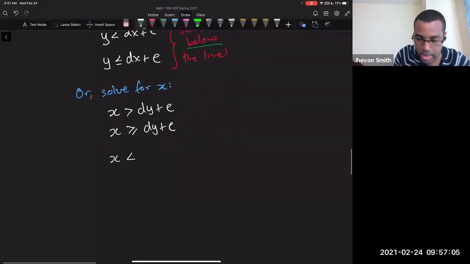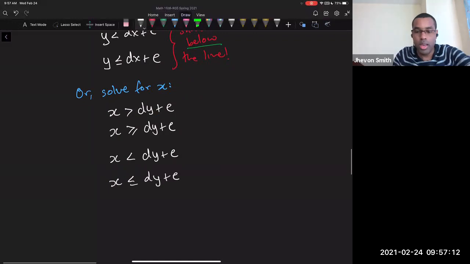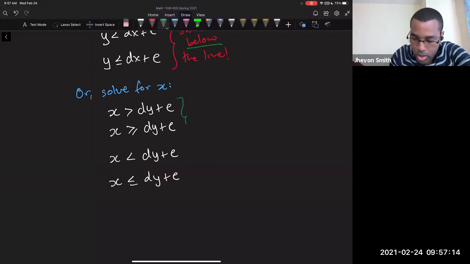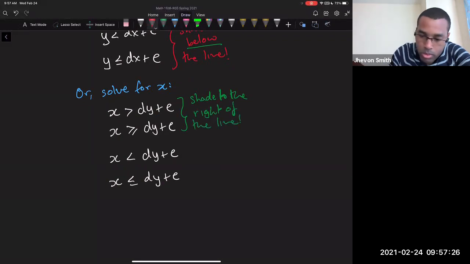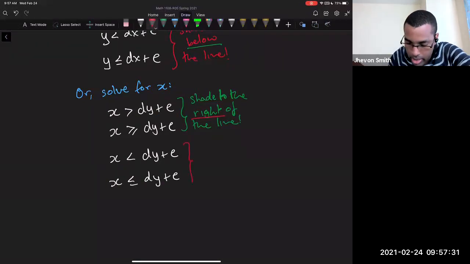Or I would get X is less than some number times Y plus a number, or X is less than or equal to some number times Y plus a number. In the first scenario, you would shade to the right of the line. And in the second scenario, you'd shade to the left.